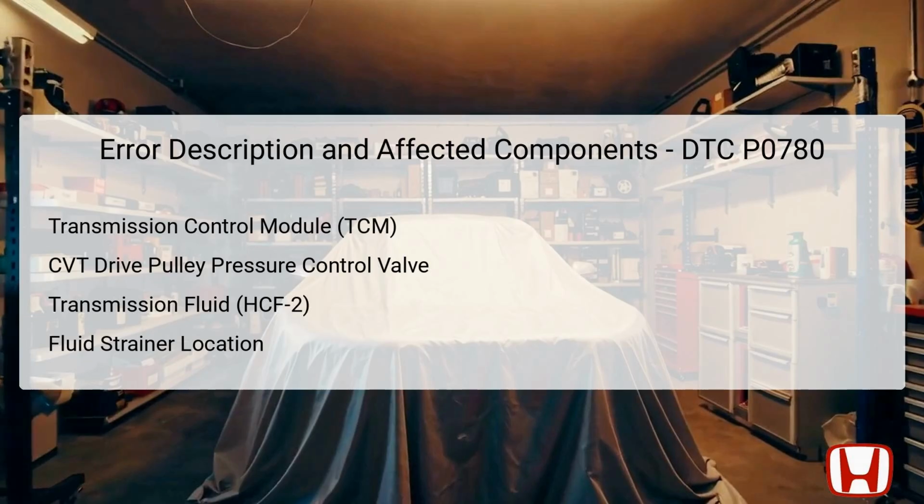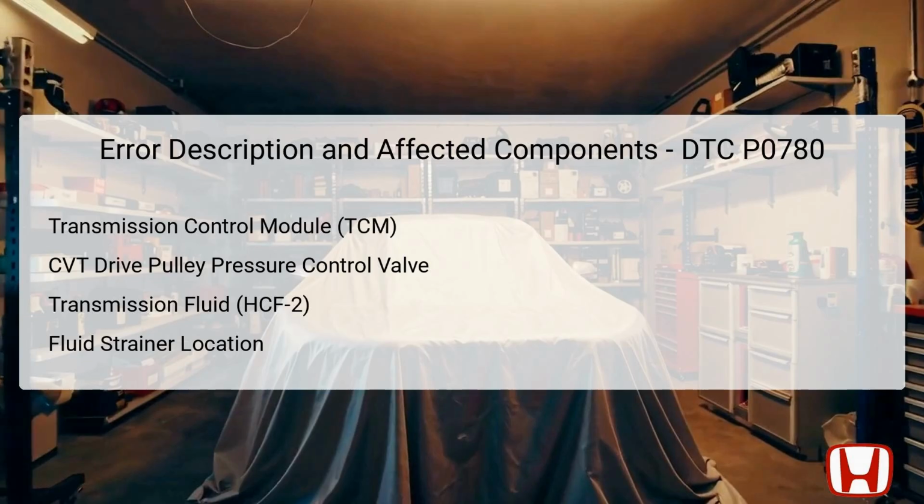The TCM orchestrates shifting operations based on vehicle speed and load, essentially acting as the brain of the transmission system. The CVT drive pulley pressure control valve modulates the hydraulic pressure applied to the drive pulley, while the driven pulley pressure control valve governs the pressure to the driven pulley, both being located within the transmission assembly.